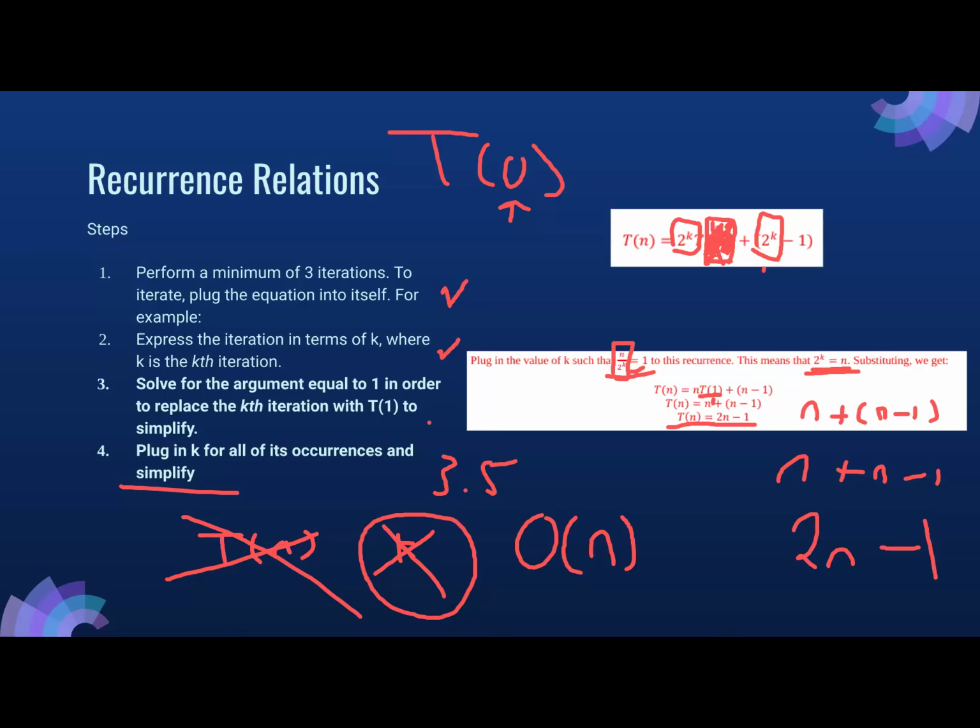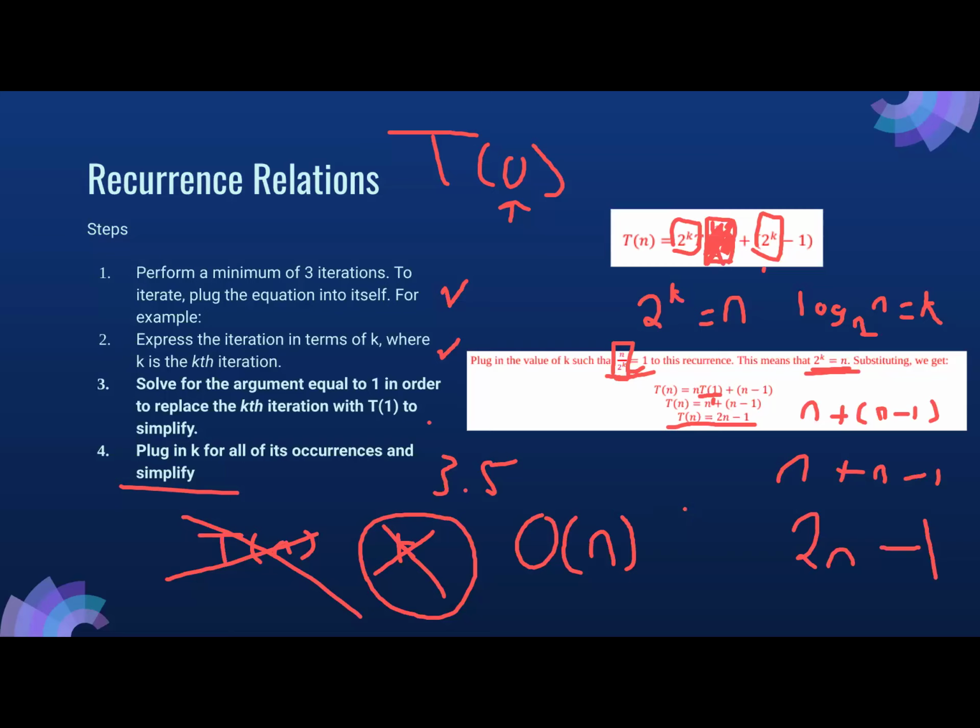Sometimes they'll tell us a substitution is useful, but there's multiple ways to do math, and so maybe it won't always be the way that you solve it, right? So what I'm going to say here also, technically 2^k equals n, right? You could also say that log base 2 of n equals k. That is something you are able to do.